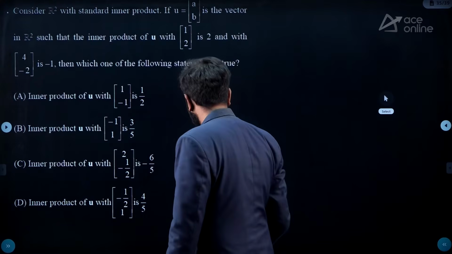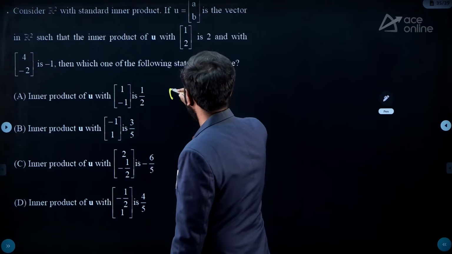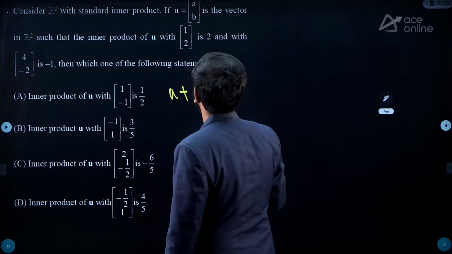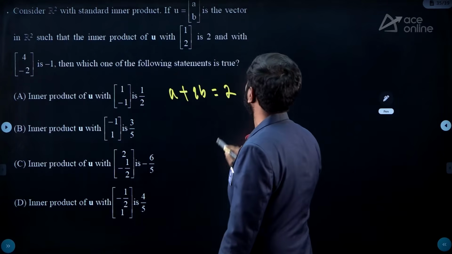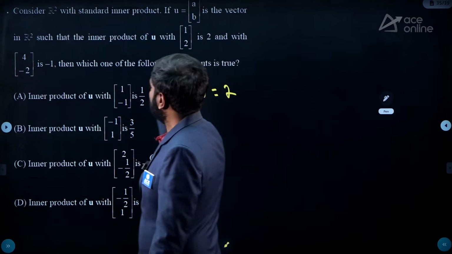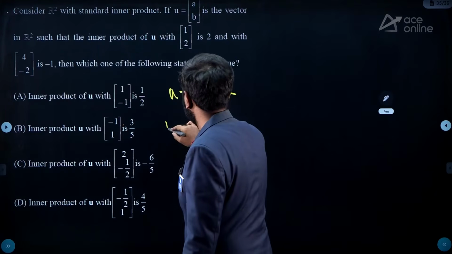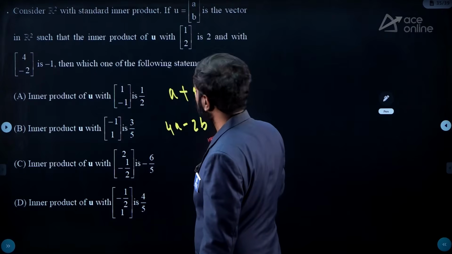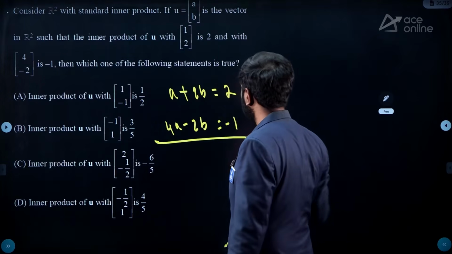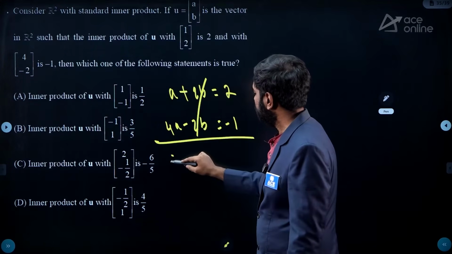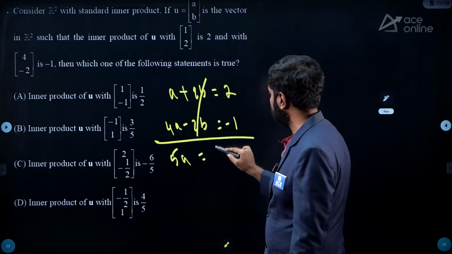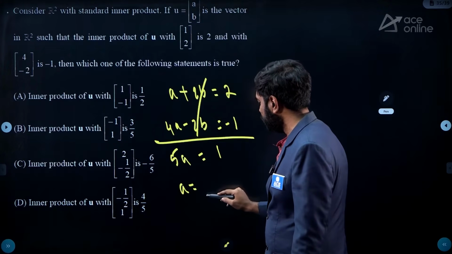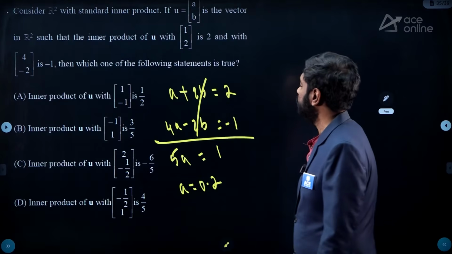Let's try to find the inner product of these two vectors. It will be A plus 2B. A plus 2B is given as 2. And then the inner product of U with this vector, which is 4A minus 2B, has to be minus 1. So if you add them, the B terms cancel, this will be 5A equal to 1, and the value of A is 1 by 5, which is 0.2.